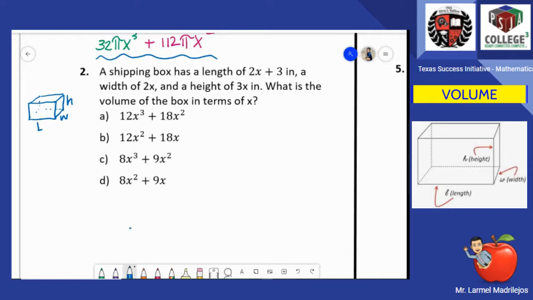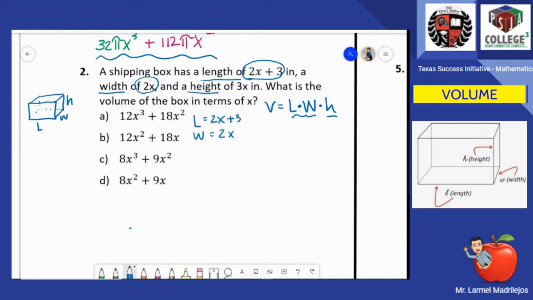They did not give us the formula, but we know the volume is length times width times the height, or the area times the height. Let's gather the information. The length is 2x plus 3. The width is 2x.